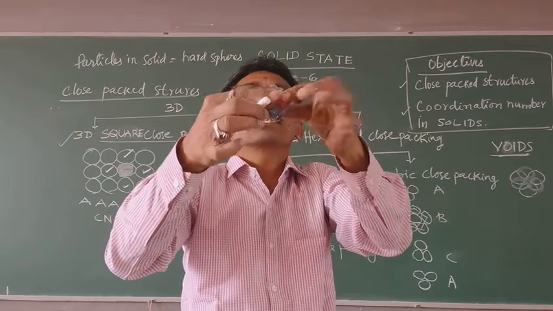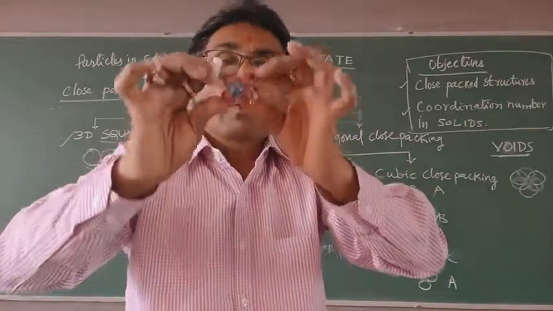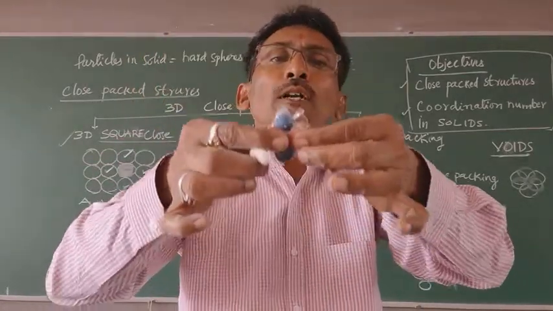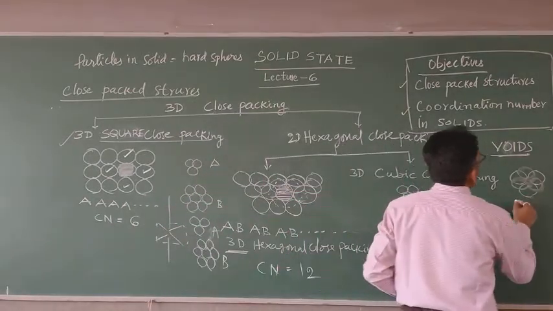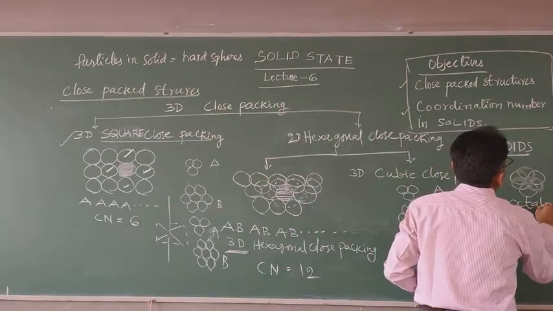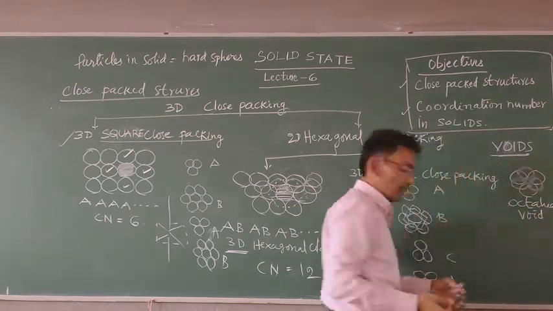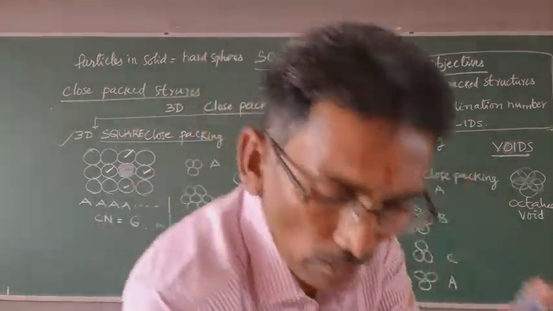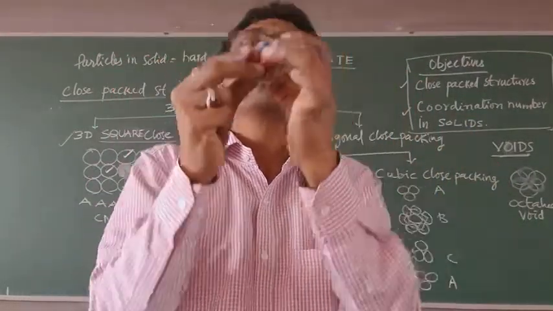Now you are watching red color within my fingers, and this blue color ball is above and below the plane, and these are octahedral voids. This void is called octahedral void, and this void is surrounded by the voids of the layer. See here, it is surrounded.